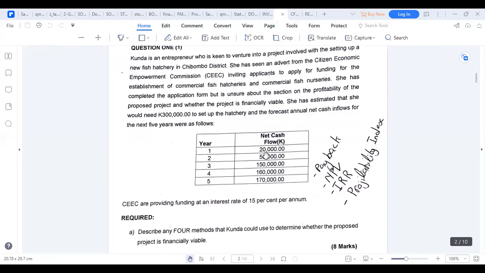So I want you to help me calculate the payback period for this one, the undiscounted payback period. So this question, in a nutshell, the initial investment was 300,000. Let us calculate the payback period. Who wants to try? Anyone to try?